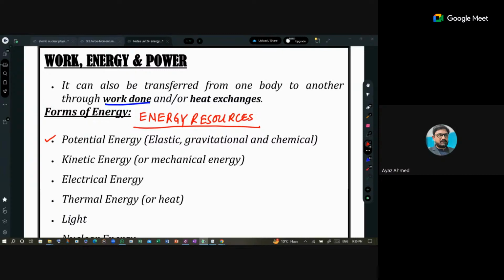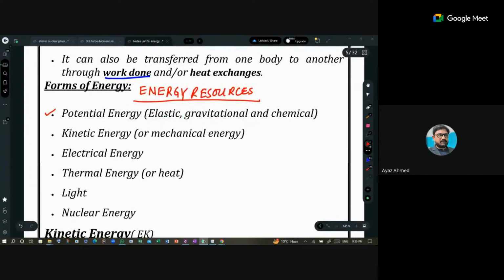These forms of energy include potential energy. Potential energy is basically hidden energy. I will explain all of them one by one. It can be elastic, gravitational, or chemical. Kinetic energy is the energy due to motion of a body, which is why it is called mechanical energy.